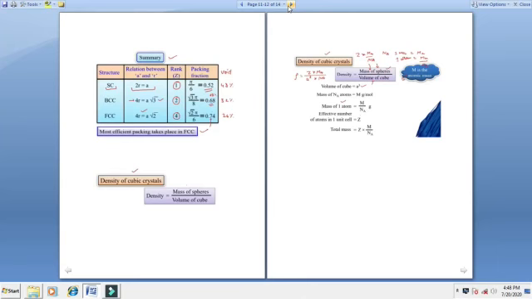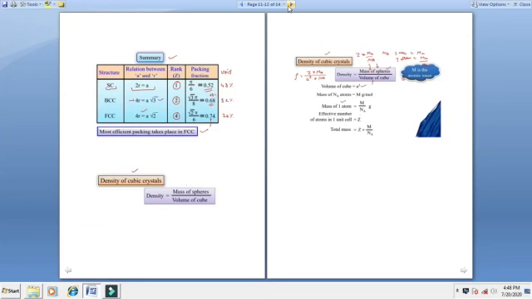Next we come to the density of cubic crystals. Density is the mass of spheres divided by volume of cube. Density of cubic crystal is actually mass upon volume. So volume of cube is a cube.